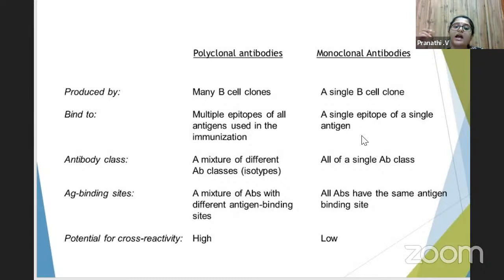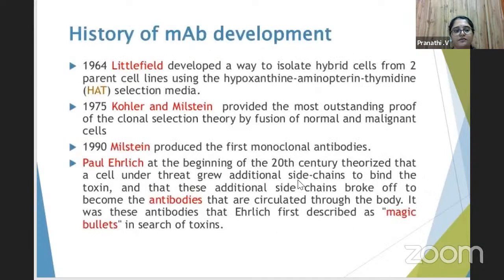Regarding antibody class, all kinds of isotypes are present. In fact, a mixture of different kinds of antibodies is present in polyclonal, whereas in monoclonal, only one single antibody class is present. So you can see cross-reactivity is high in polyclonal, whereas it is low in the case of monoclonal antibodies. Antigen binding sites are also going to be different.